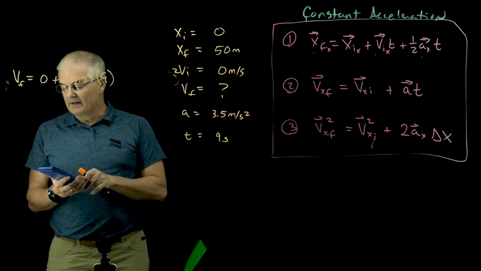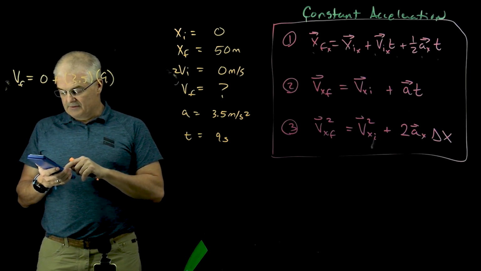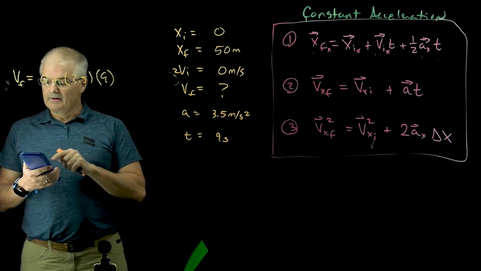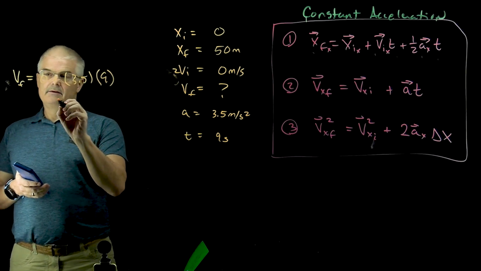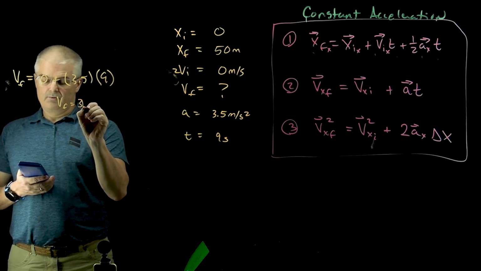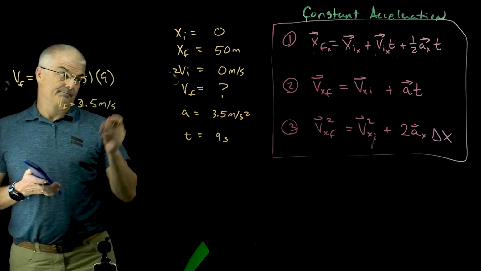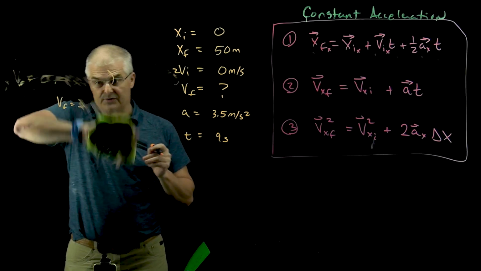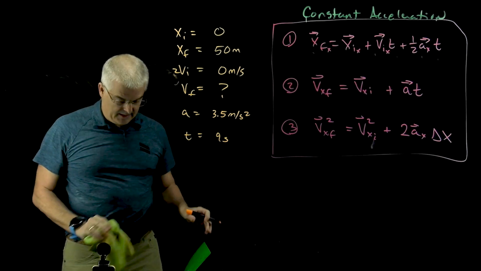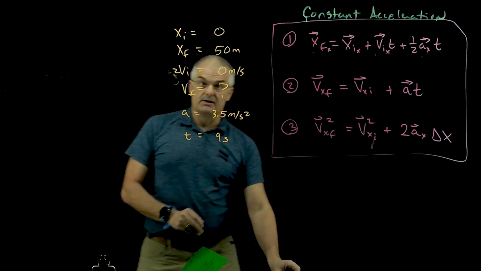Get the calculator out. 3.5 times 9, there we go. I get v final to be 31.5. That'll be in meters per second. Okay, watch that. I picked the wrong equation on the first attempt. That was my error.